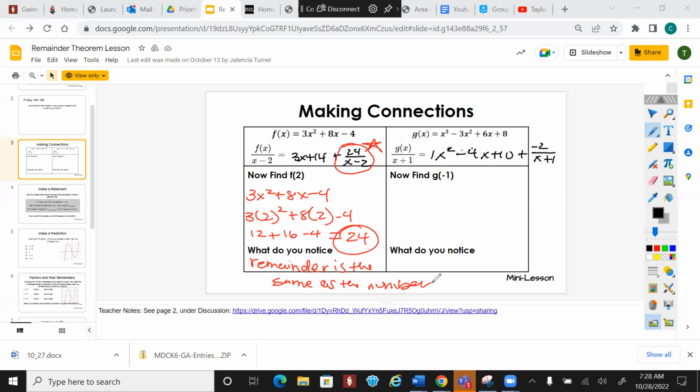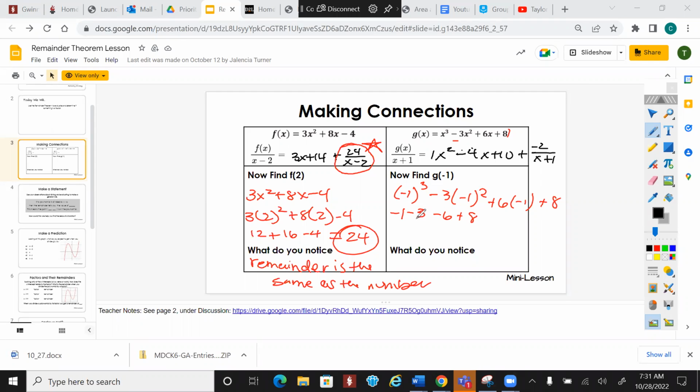Take a moment, find g of -1. So again, that's taking the original and plugging in -1. See if you get, all right, so when we plug in -1, and we simplify, this is going to give us -1 minus 3 minus 6 plus 8.